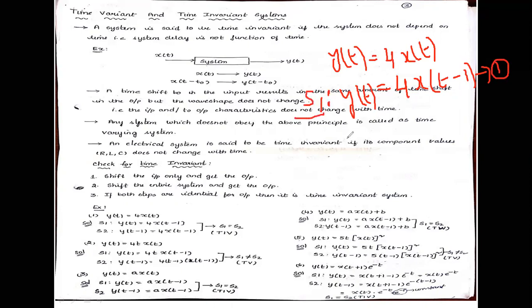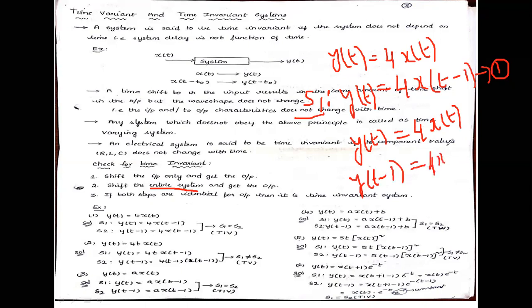Okay, my dear students. Now, what is the given system? The total, entire system. We are saying shift the entire system and get the output. So the given system is y of t equal to 4 into x of t. Now replace t with t minus 1. So y of t minus 1 is equal to 4 into x of t minus 1.